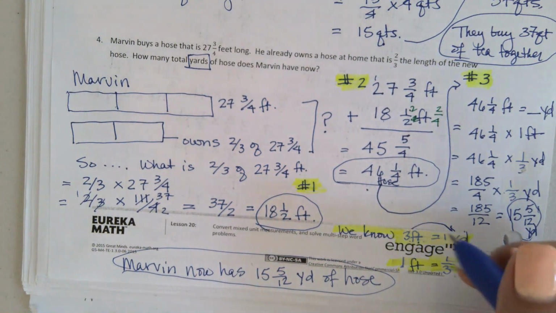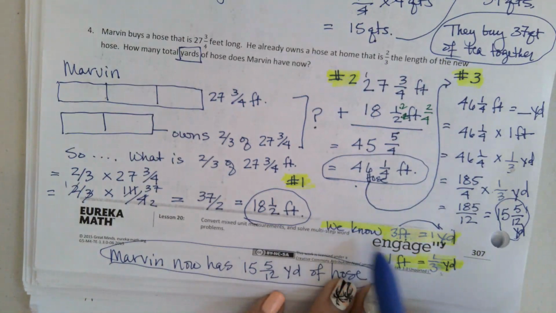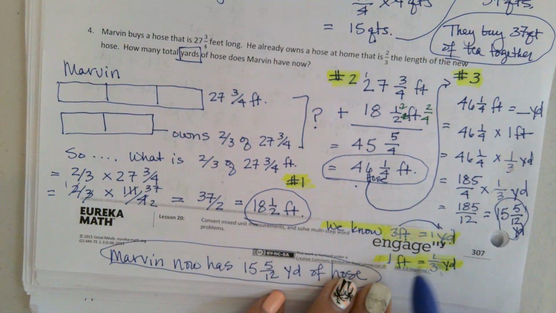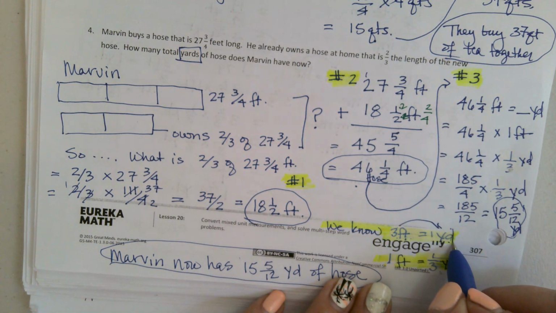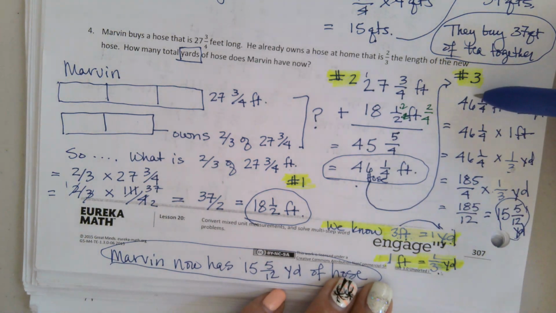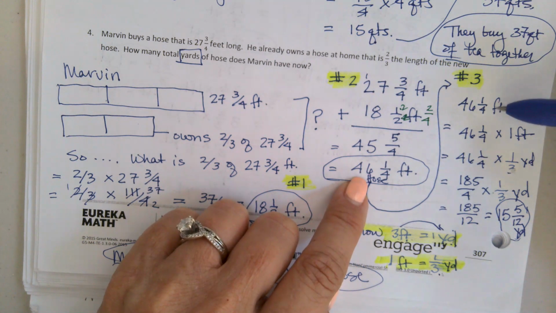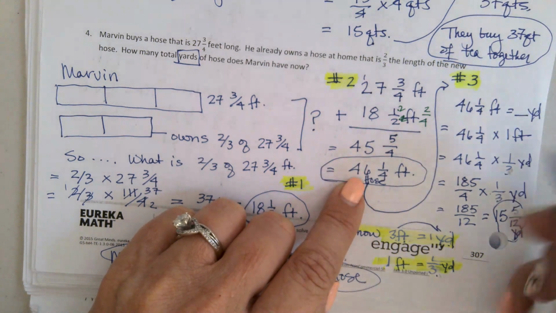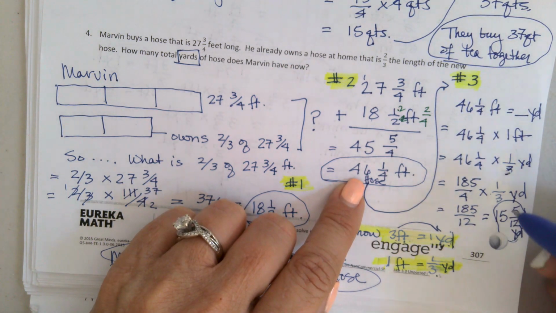But we don't want feet, we want yards. So what do we know? We know that 3 feet is equal to 1 yard. And I'm going from smaller units to larger units, right? So I use my fraction. Now I have to use all my hose and I'm converting it to yards, right? So I put in my 1/3 of a yard here.